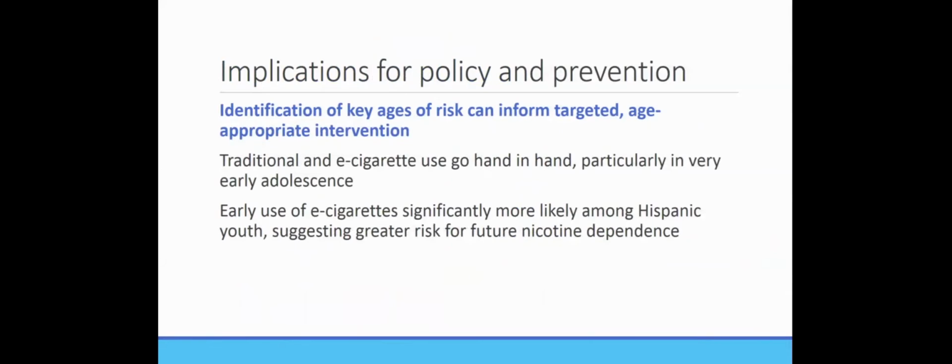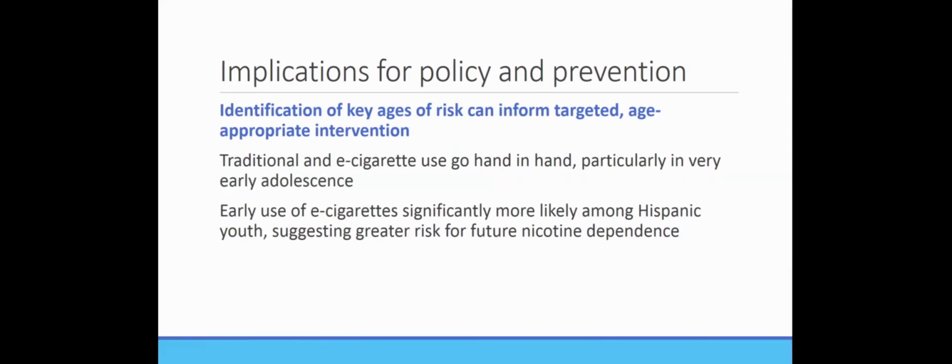So some implications we drew from this second study I think are relevant maybe for policy and prevention. The identification of key ages of risk. We were able to identify them using TVEM, and those could inform targeted age-appropriate interventions. We find that traditional and e-cigarette use really does go hand in hand, particularly in very early adolescence.